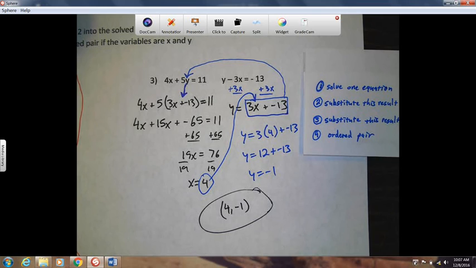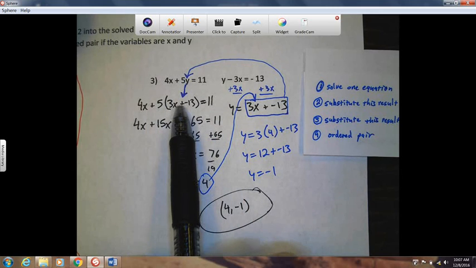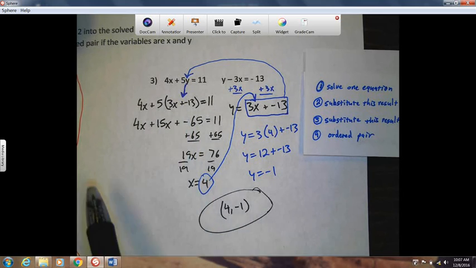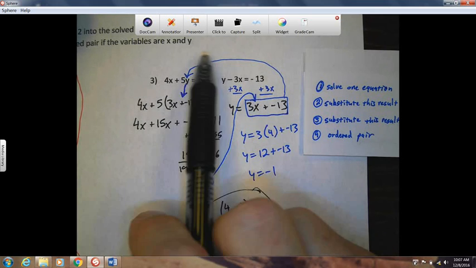On number 3, you're going to have to rearrange just like I had to do here. And you're also going to have to put parentheses. You'll also have to do the same thing on 5 and 6. So you have to rearrange, so you have to solve for one of them first, put it in parentheses, and then do distributive property. So 3, 5, and 6, you need to do that.